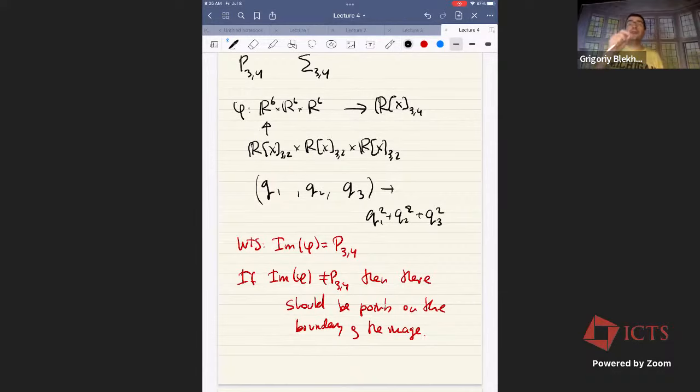There are no boundary points on the interior, and this means that this map is actually onto. Now, as I said, I was being a bit imprecise in using the term boundary, but all of this can be straightened out. Intuitively, this is really what's happening. And this is really Hilbert's original proof.